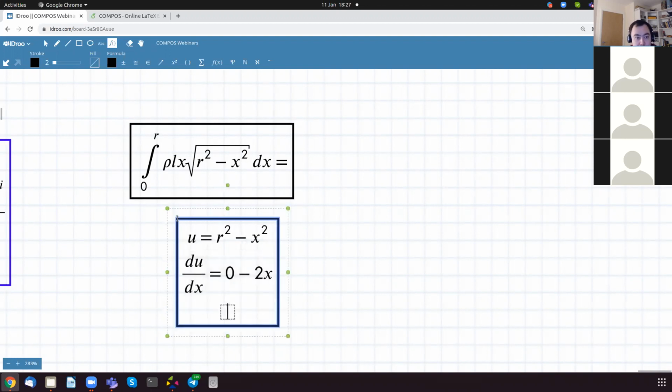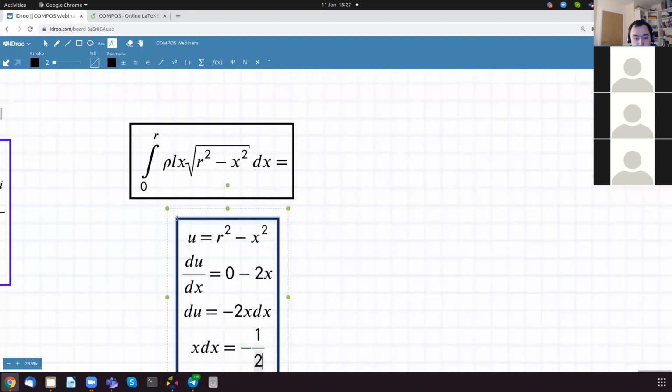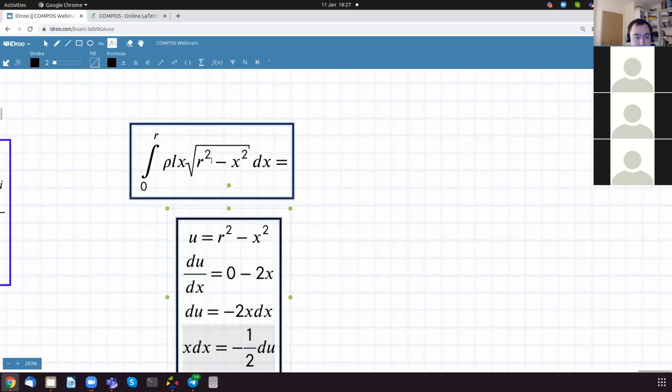So from here, we get that du is equal to minus 2x dx. And x dx is equal to minus 1/2 du. Why did I do it like this? Well, because I already see that in my integral, I have x dx. Here it is. Look at that, x dx. It is already there.